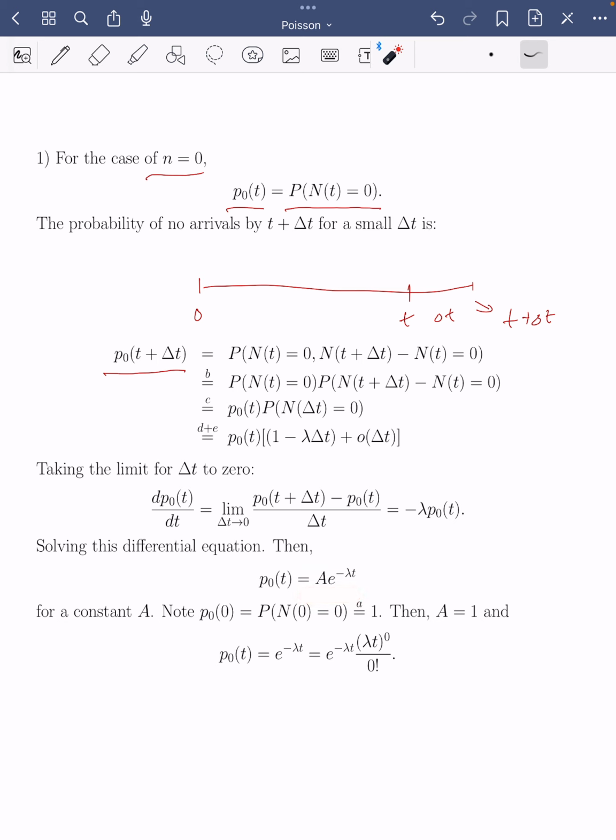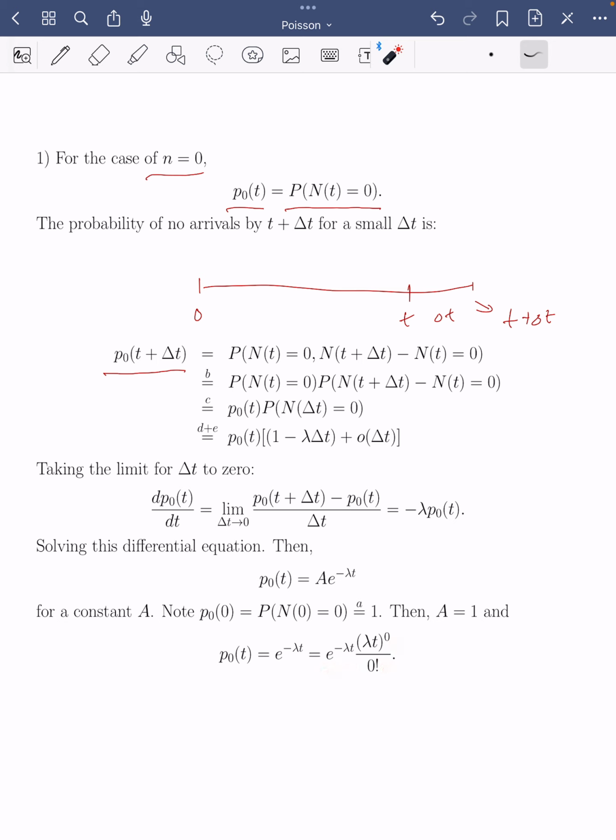And also remember that P_0(0) is equal to the probability that N(0) equals 0. Because of the initial condition, this probability is equal to 1, so we conclude that a equals 1. And then P_0(t) is equal to e to the negative lambda t, by plugging in a equal to 1. So we can rewrite this expression as e to the negative lambda t, times (lambda t) to the power of 0, over 0 factorial.